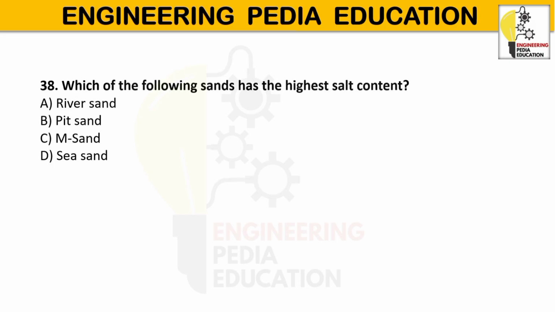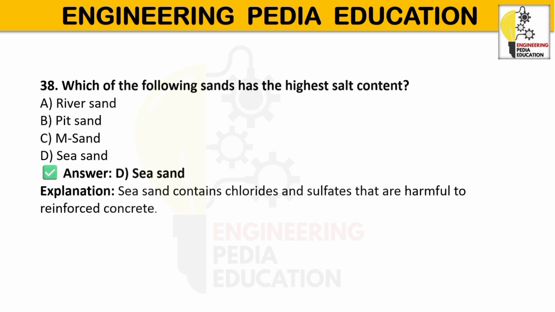Which of the following sand has highest salt content? River sand, pit sand, M sand, sea sand. So the correct answer is sea sand. Sea sand contains chloride and sulfate that are harmful for reinforced work.